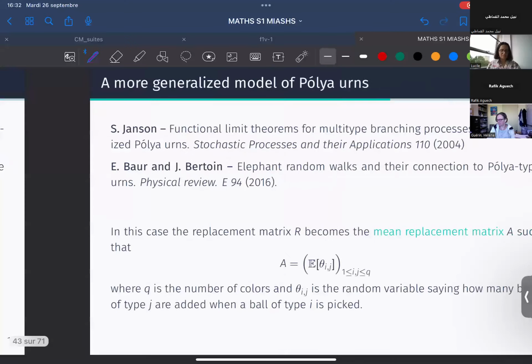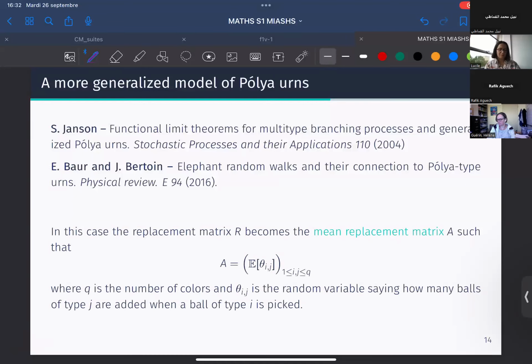Another generalization is that instead of having just a replacement matrix, you have a random replacement matrix that changes at every time. And to understand how the Pólya urn behaves, instead of studying the replacement matrix, since it's random, you study the mean replacement matrix, that is the expectation of the replacement matrix, because at every time the replacement matrices are independent, but they have the same law.